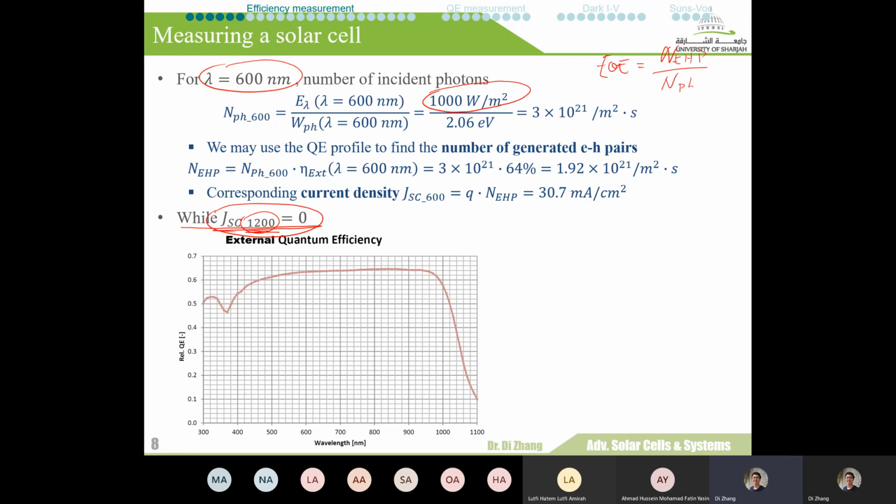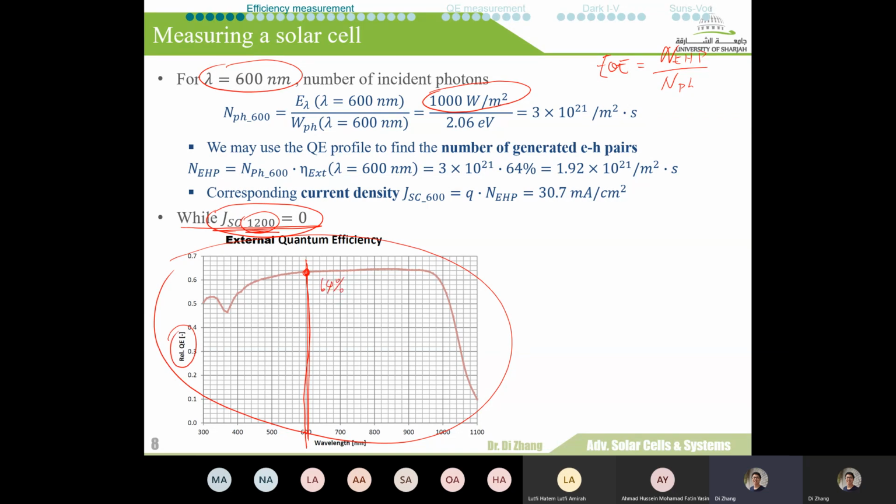From the graph down here, we have the quantum efficiency behavior from a typical silicon solar cell. Focus on the 600 nanometer wavelength. How much is the EQE here? Let's assume that this is 64%.